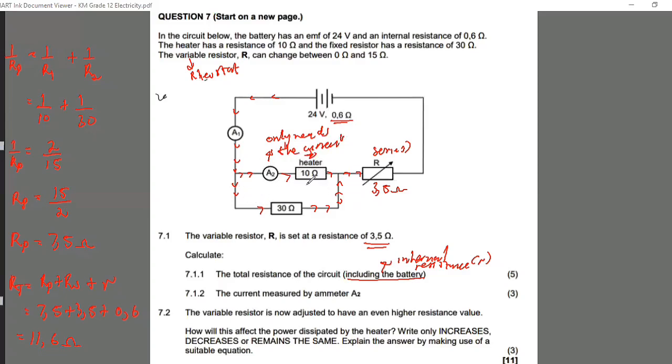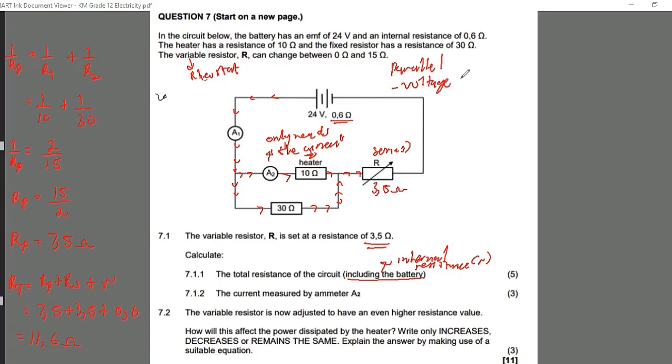Now, in order to find that, we can see that there will be a bit of a challenge because we don't even have the voltage for the heater, right? In order to calculate the current, we will need the voltage of the heater, and then we can calculate the current. But note something here. We can see that the heater is connected in parallel, right? What do we know about parallel resistors? We know one thing for sure, that when it comes to parallel resistors, the voltage is the same throughout.